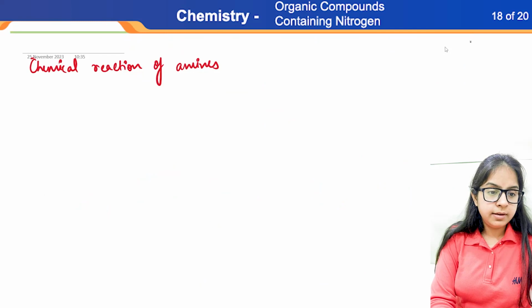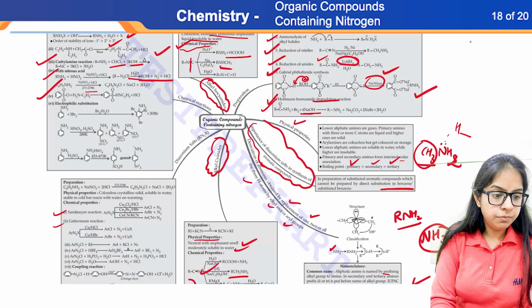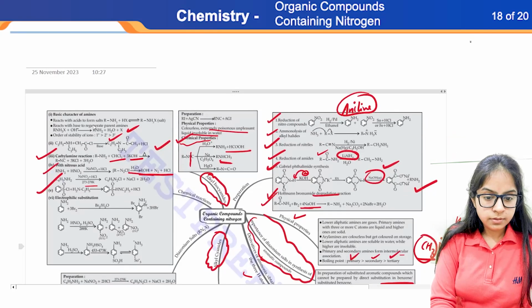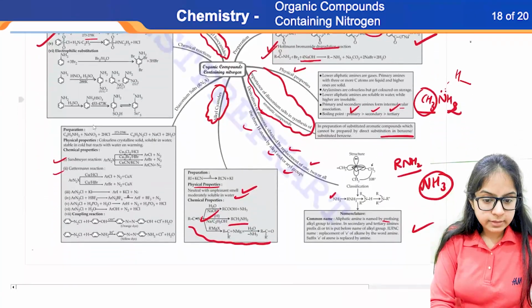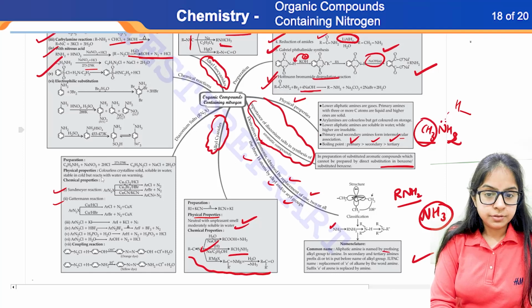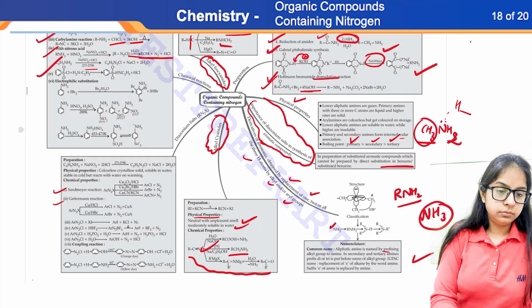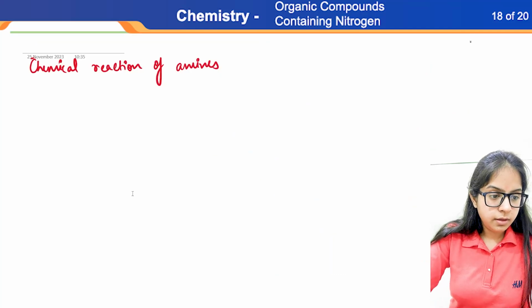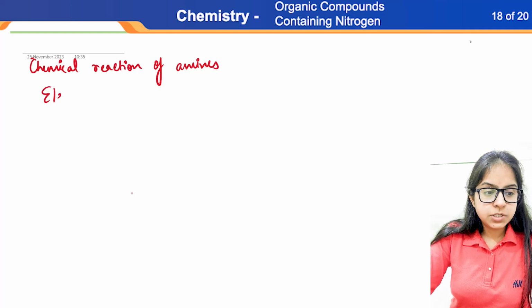Next one is chemical reaction of amines. I am showing you. Okay. After that, the electrophilic substitution reaction. Mainly, electrophilic substitution reaction is shown by the benzene ring.